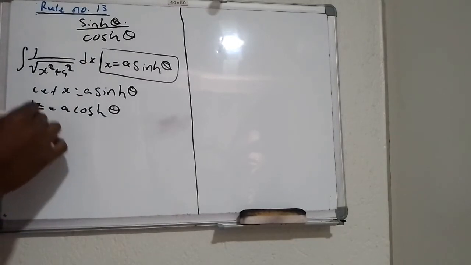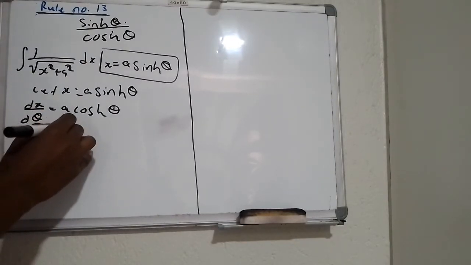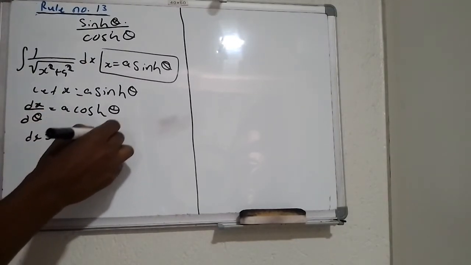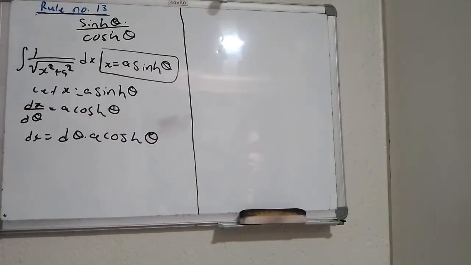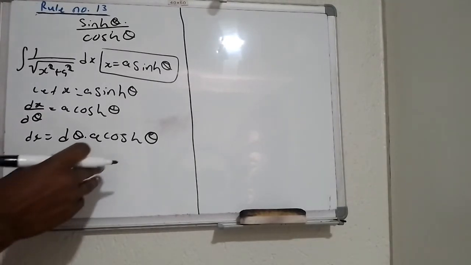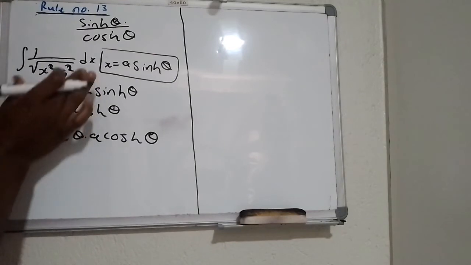So now dx is equal to a hyperbolic cos of theta d theta. Substitute this here.